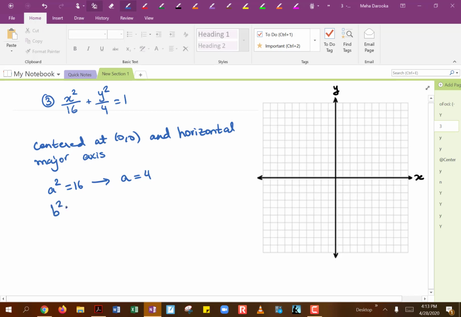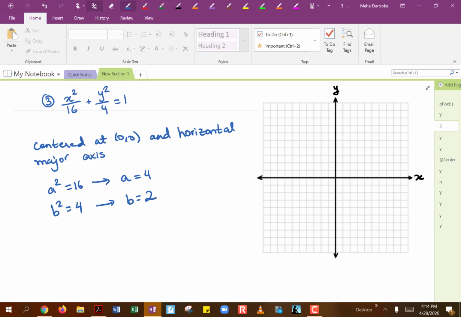Okay, so the smaller denominator is going to be our b square value. So again, if you take a square root on b square equals 4, of course square root of 4 will give you 2, and again remember guys, we're only looking at the positive value for now.